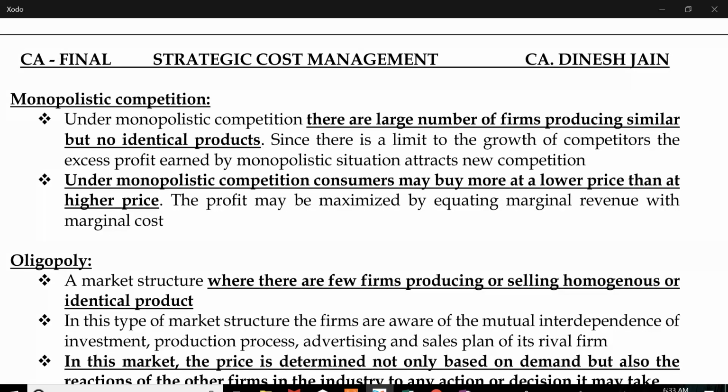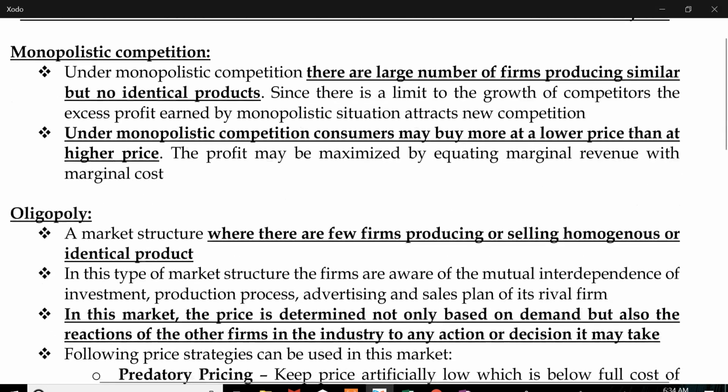It is a similar product being produced by multiple companies. You may stick on to one brand if you are happy with that brand, but all the people are giving you a similar product. You cannot majorly distinguish one product vis-a-vis the other product, provided they cater to the same product scenario. So if they are catering to the same set of customers or same market, it falls under a monopolistic competition scenario.